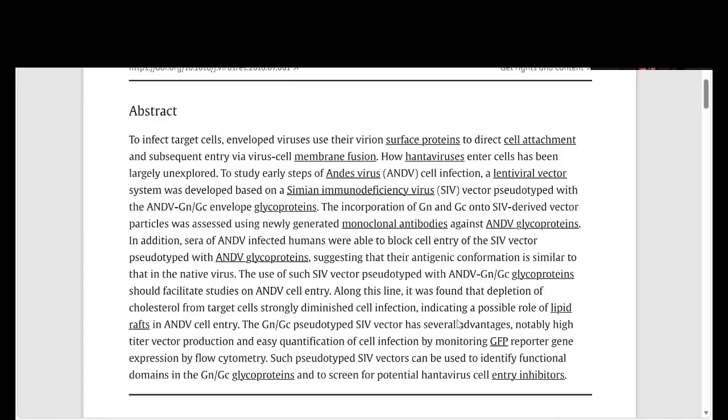So if you get rid of the cholesterol that helps to build up the lipid raft on the cell surface, then it's harder for the Andes virus to get in.